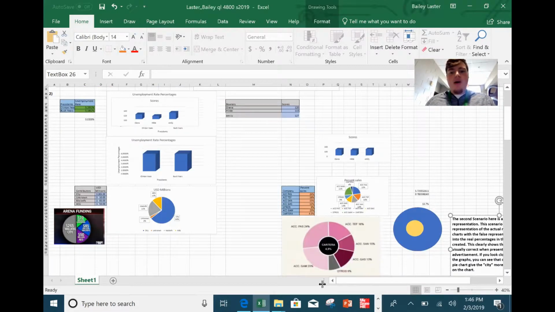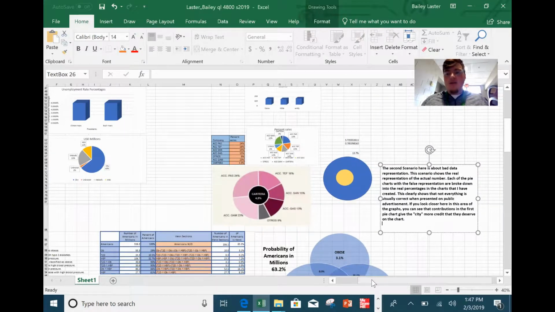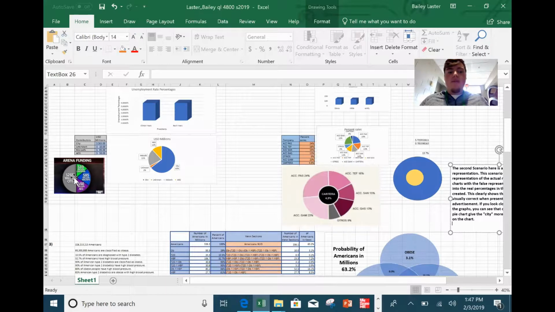So for scenario 2, I chose to point out the pie charts and how the representation was false. It shows that the city gave just half of the funding. In reality, they gave more.